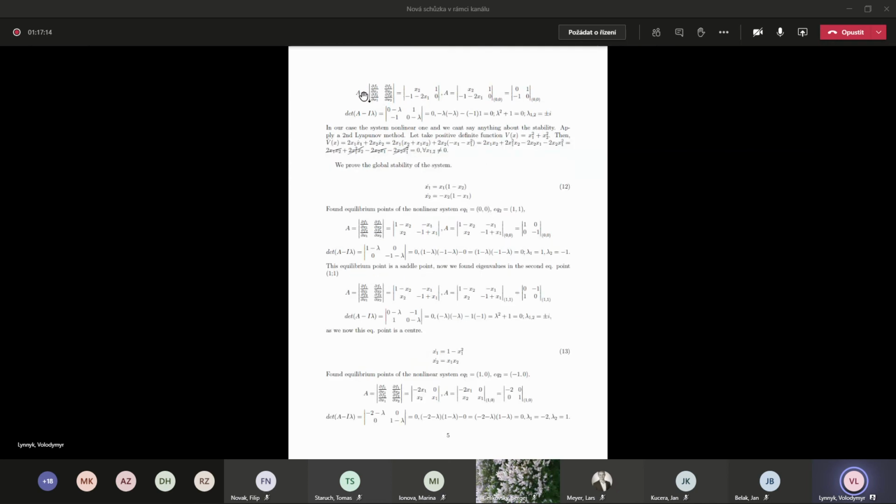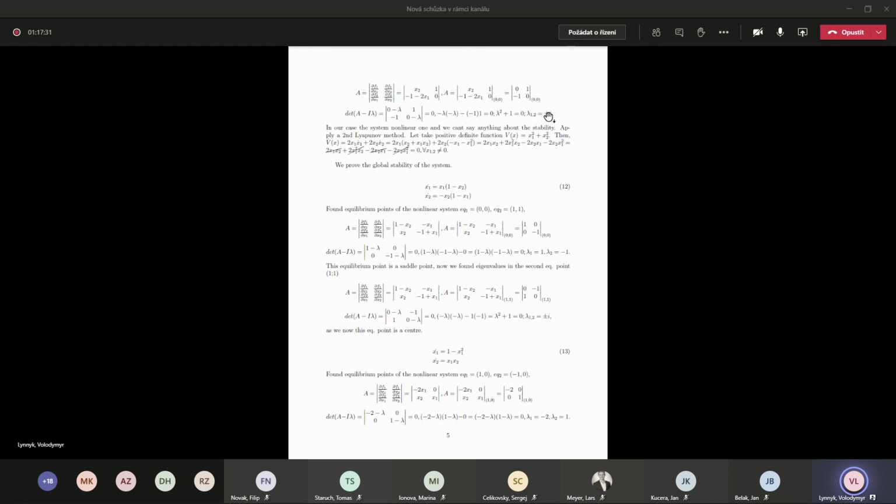Okay, we calculate the Jacobian, and in (0, 0) it has the next form, and we found the eigenvalues. I think it's correct.